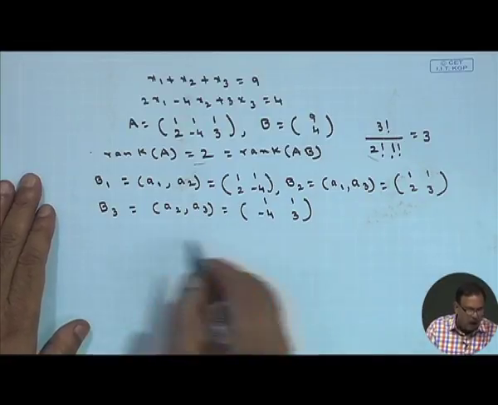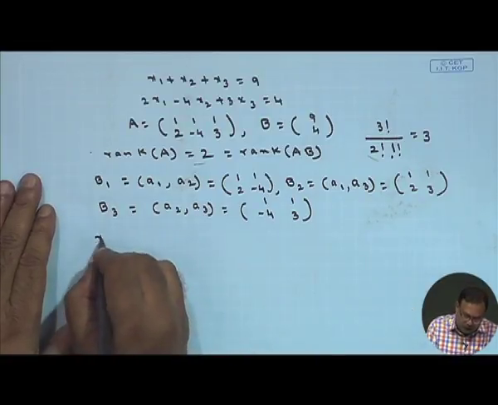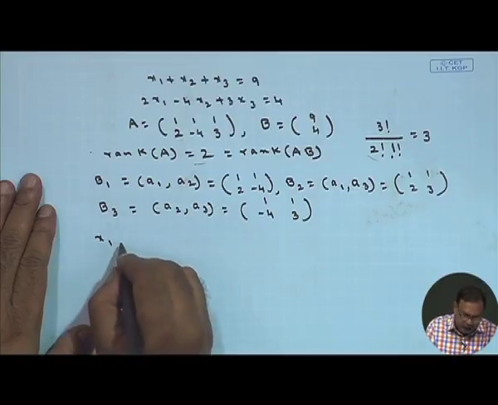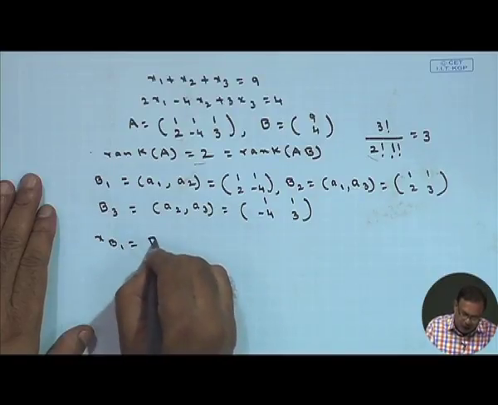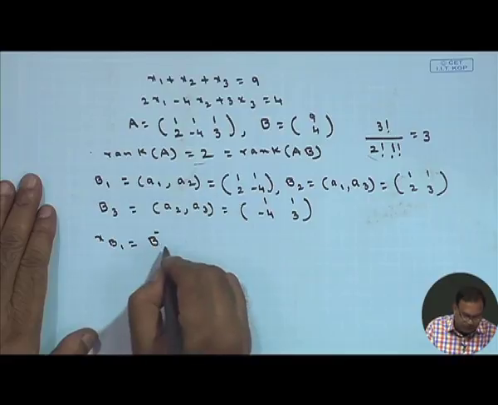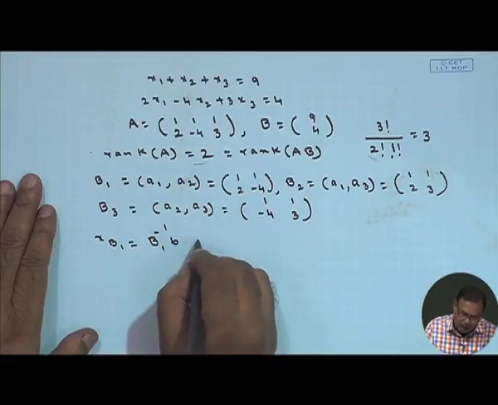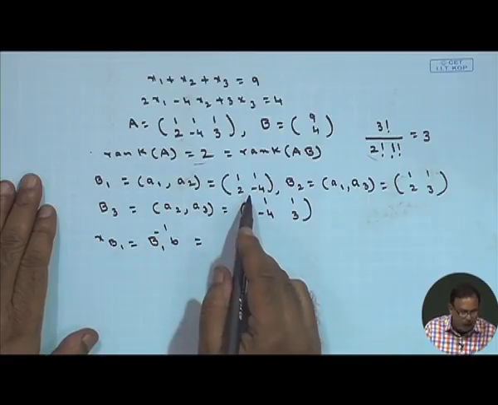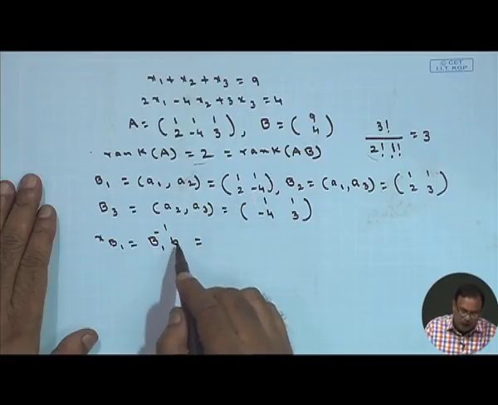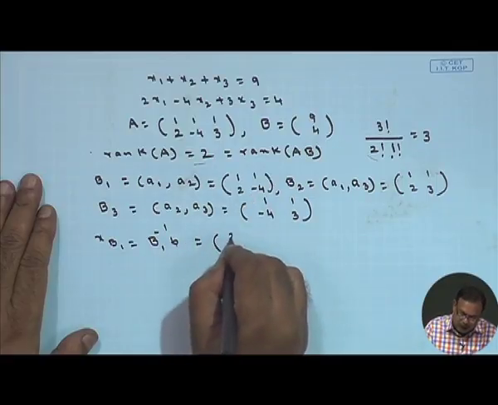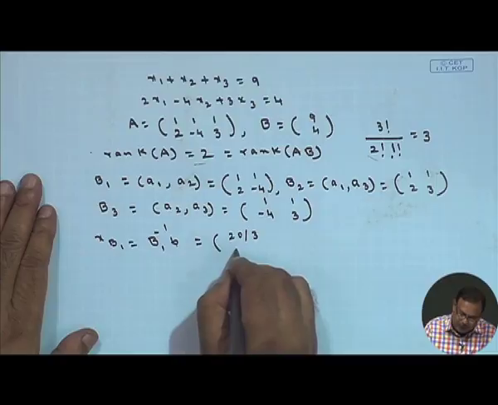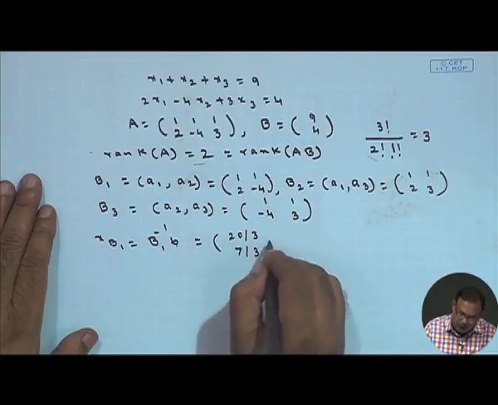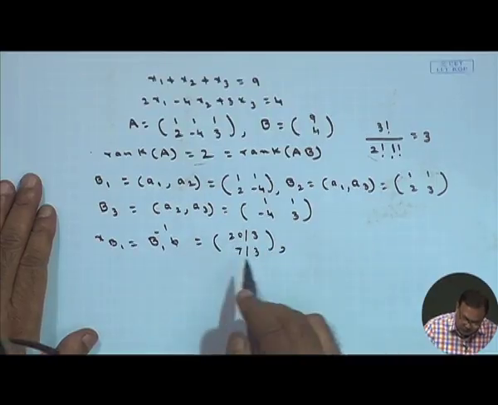So what can be the basic solutions now? I can write x B1 equals B1 inverse B. You know what B1 is, what B is, so if you calculate, you can obtain this value. This I am leaving for you because of shortage of time.